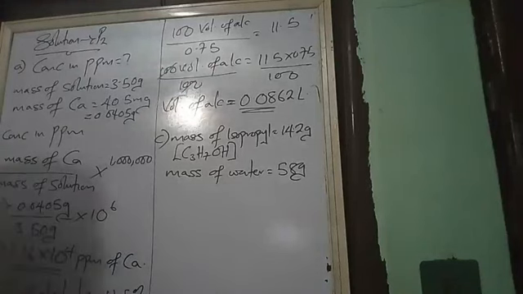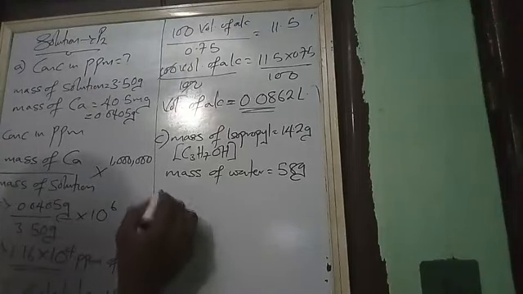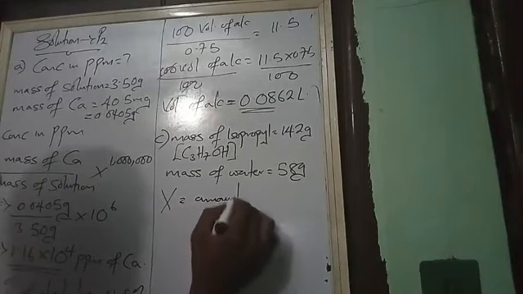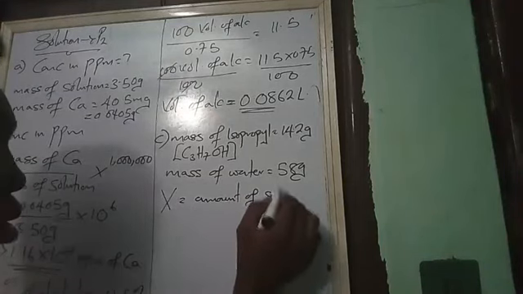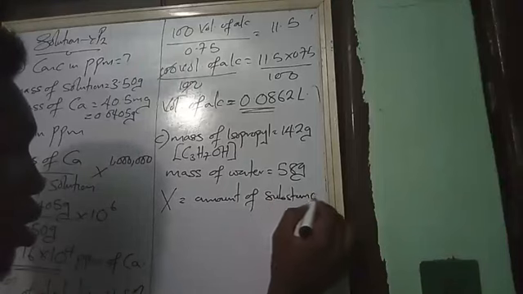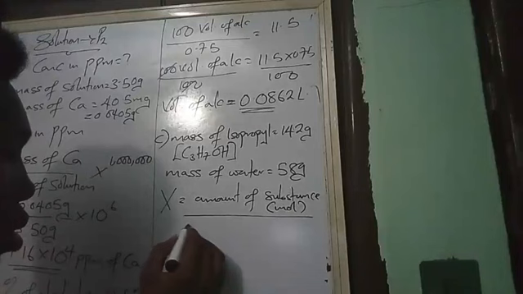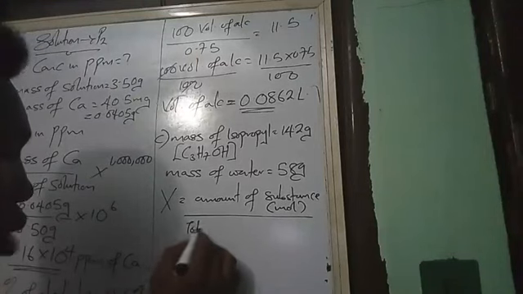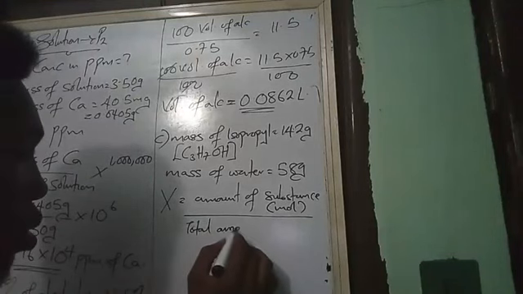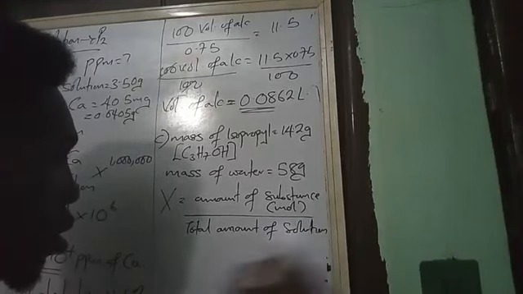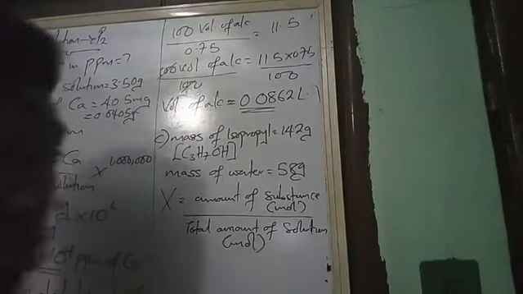I remember I've taught you guys mole fractions before. Mole fraction can simply be said to be the amount of substance in mole over the total amount of solution in mole.